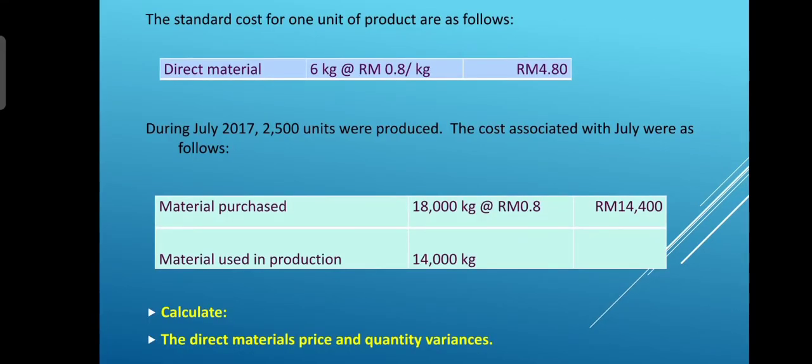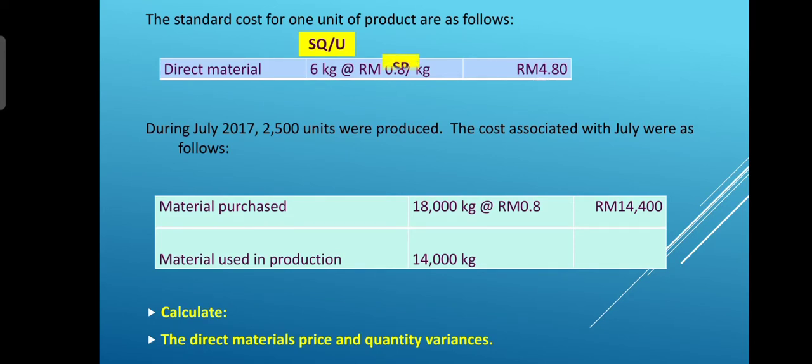Let's answer this question. The standard cost information is in the table at the top. Below that are all the actual results from the production activity. 6 kg is standard quantity per unit.